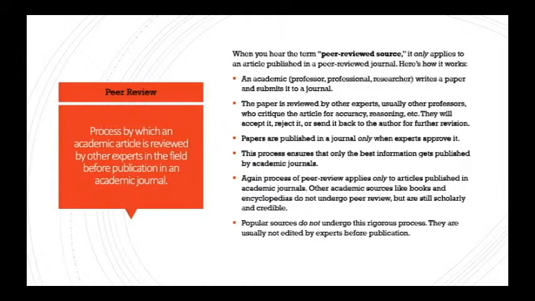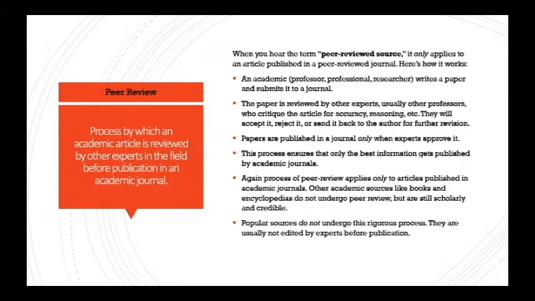So let's talk about peer review for a minute. This applies specifically to academic journals only. Peer review is the process by which an academic article is reviewed by other experts in a field before publication in an academic journal. This is how it works. An academic, usually a professor or a professional or a researcher, writes a paper and submits it to a journal.